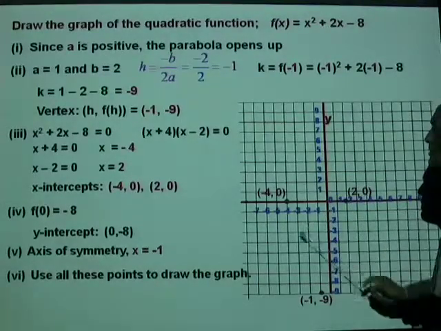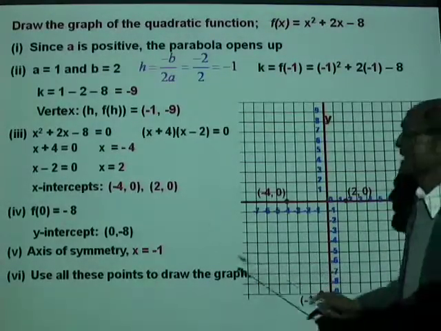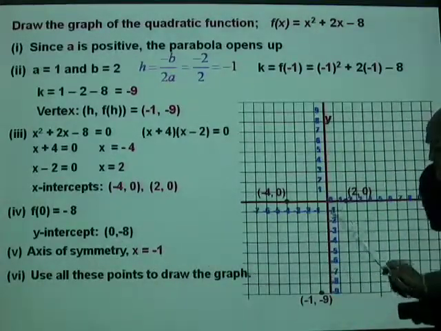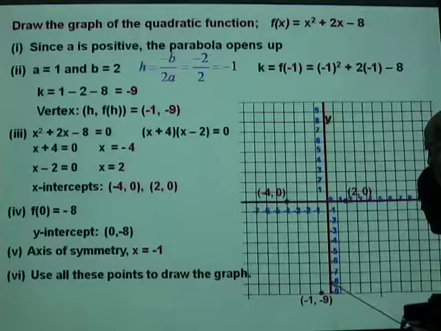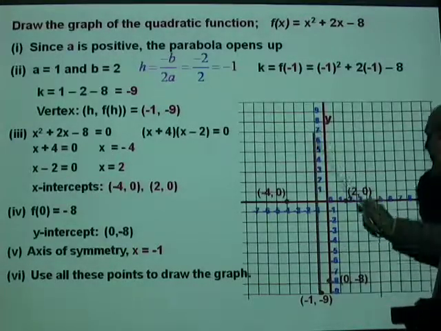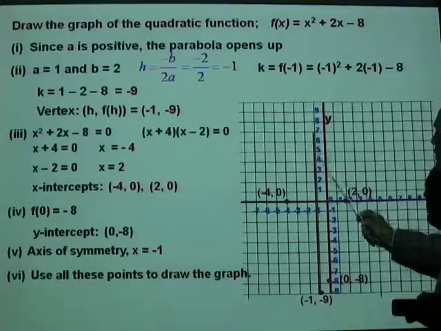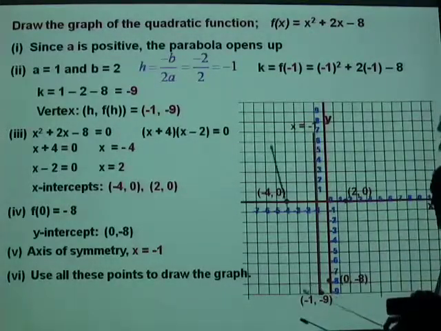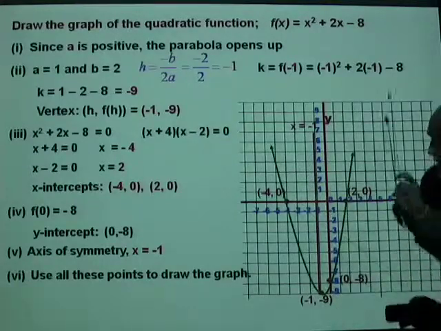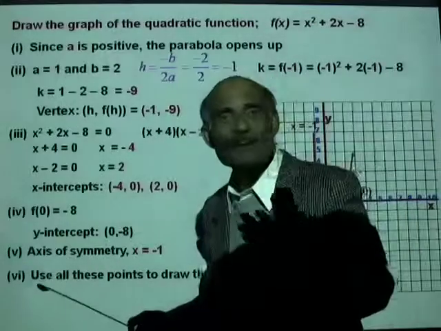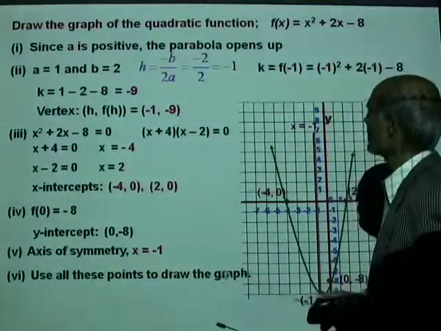Mark all those points. Now we have a y-intercept (0, negative 8). And we have the axis of symmetry, x equal to negative 1. And you can now draw the parabola, and that's as easy as the earlier one that we did.